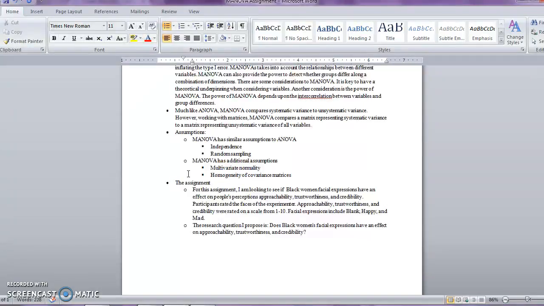Homogeneity of covariance matrices is essentially homogeneity of variance but with a step taken forward.